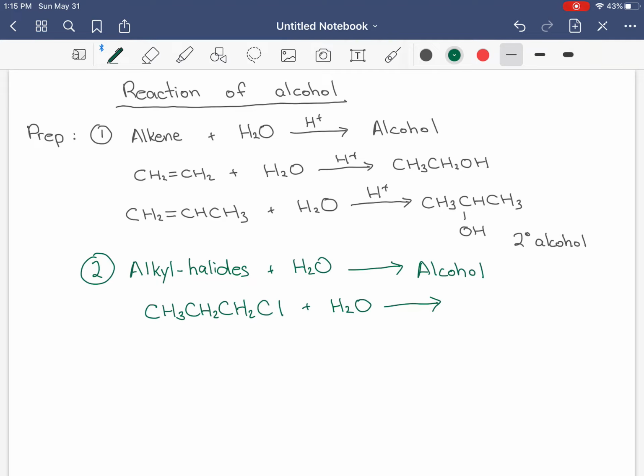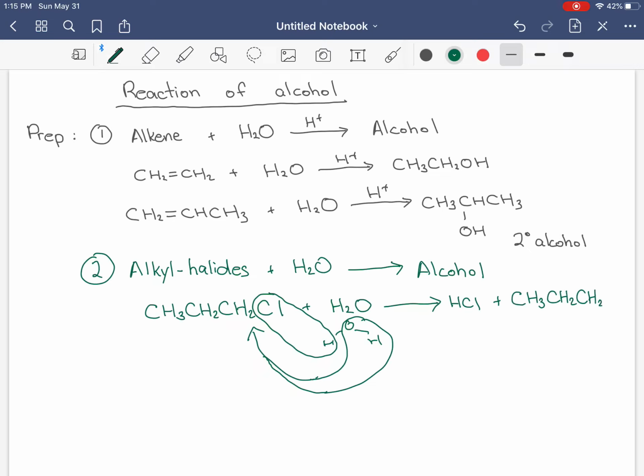What happened here is this. Let's draw H2O. Okay, that HCl is going to be made. So one of the products is HCl plus this OH will come over here hooked up with that carbon. So you have CH3, CH2, CH2, OH. There you go. That's how you make a primary alcohol.